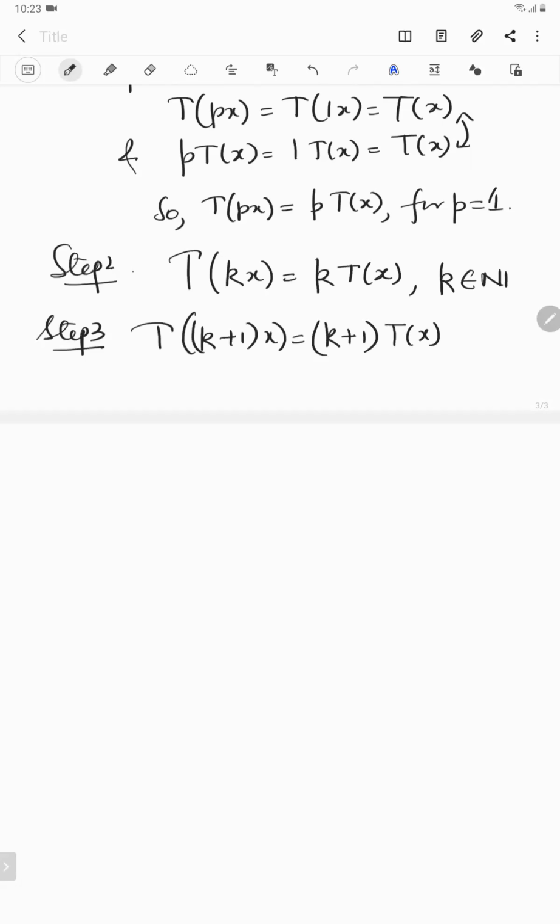So let us take left side of the expression. This is t of k plus 1x. This is nothing but kx plus x. Applying the definition of t, this becomes t of kx plus t of x.